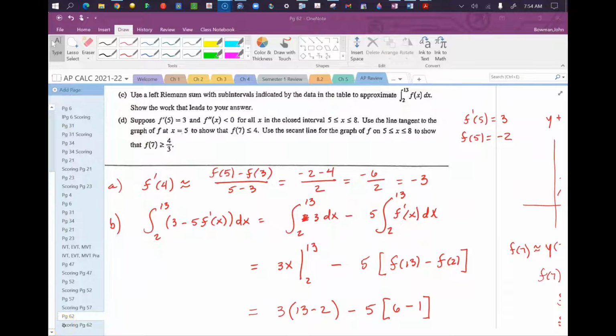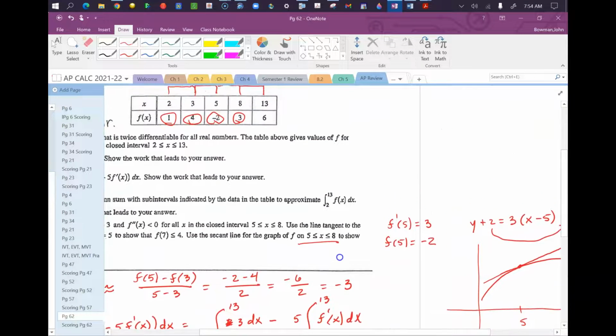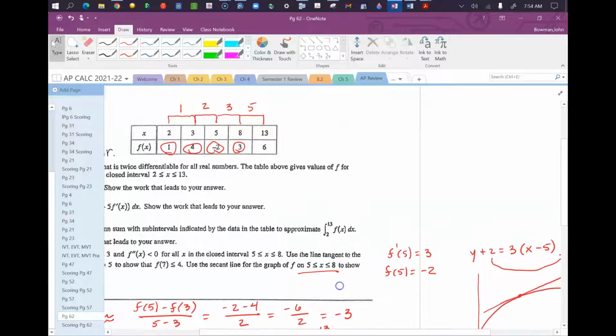In the second part of this problem, it says use the secant line for the graph of f on the interval from 5 to 8 to show that f of 7 is greater than or equal to 4/3. So we're going to have to find the equation of the secant line. The first thing we need to do is find the slope. I'm going to call it m. So it's going to be f of 8 minus f of 5 over 8 minus 5.